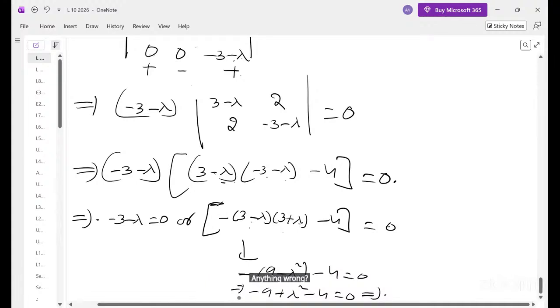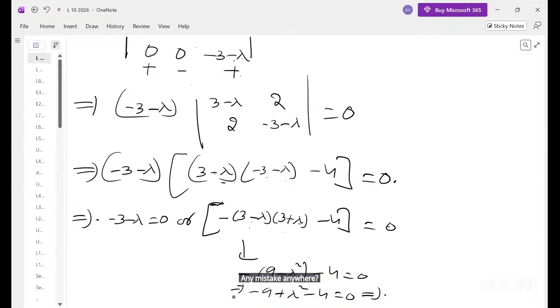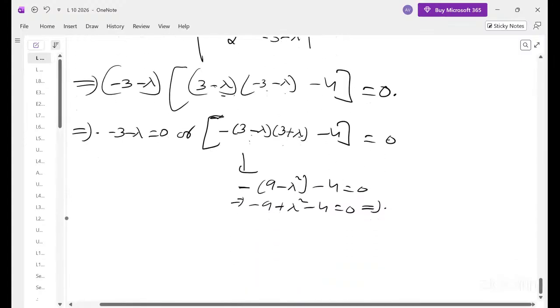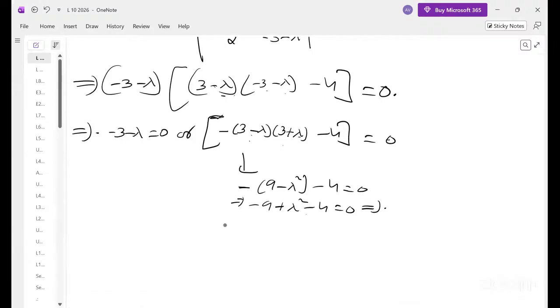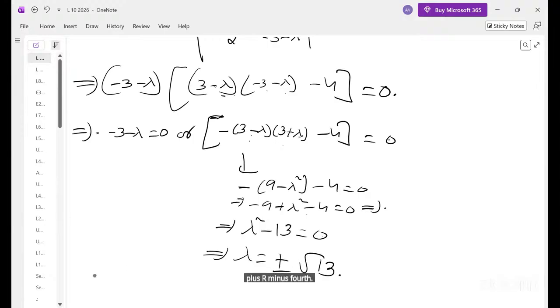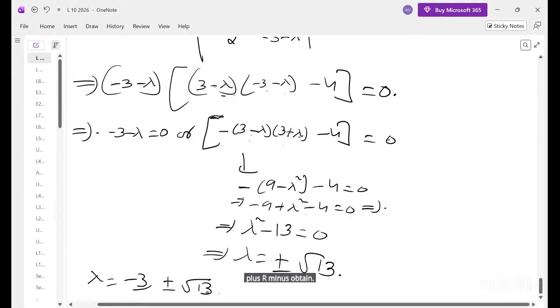Any mistake anywhere? So this is lambda squared minus 13, which gives lambda equals plus or minus root 13. Lambda is equal to minus 3, or plus or minus root 13. These are the eigenvalues.